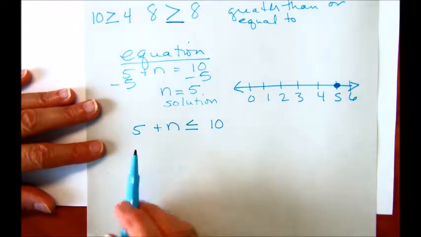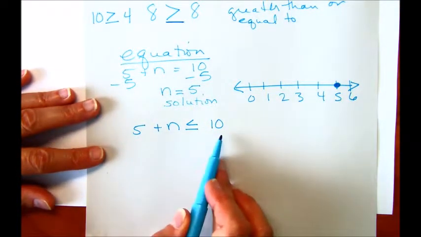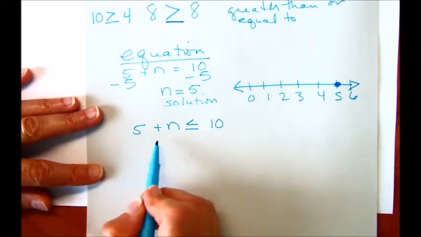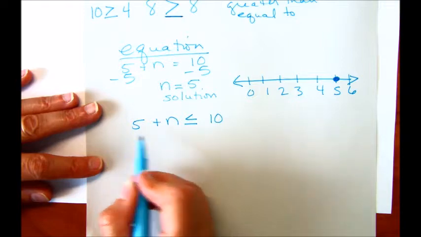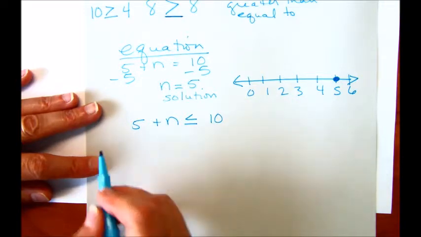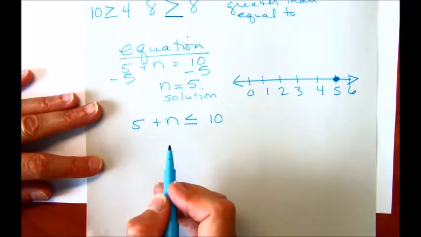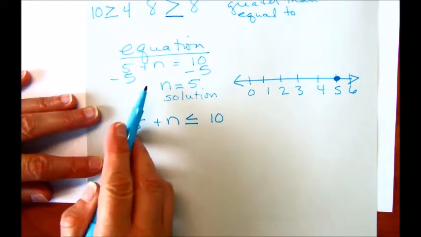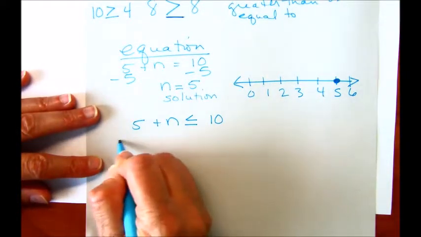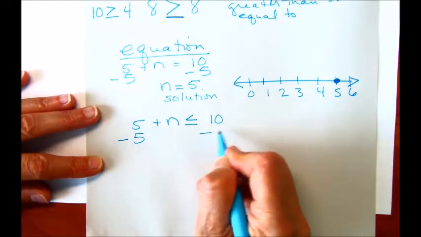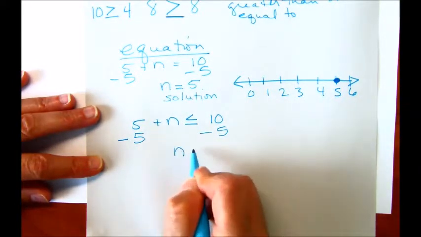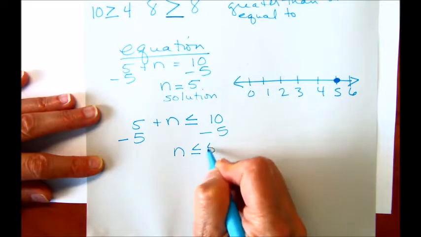Now I'll have a video on this, but we're going to use the similar principles that we practiced when we were solving for n up here. Again, we're using the addition principle, so we're adding the negative, and we get n is less than or equal to 5.